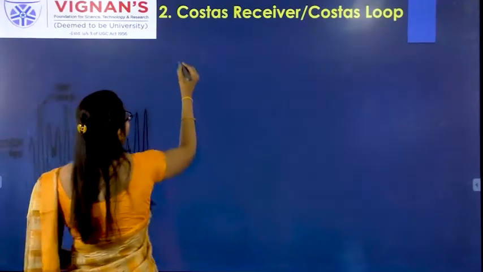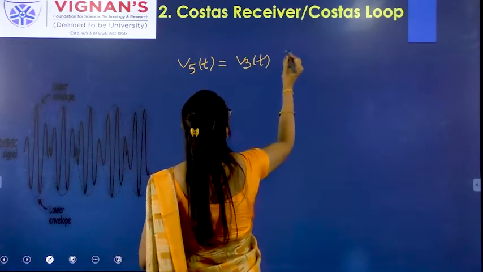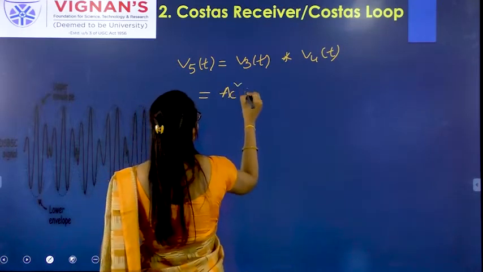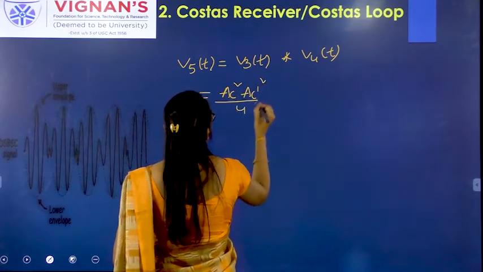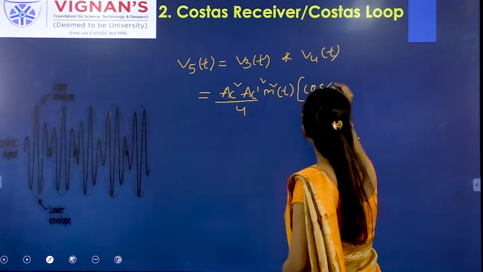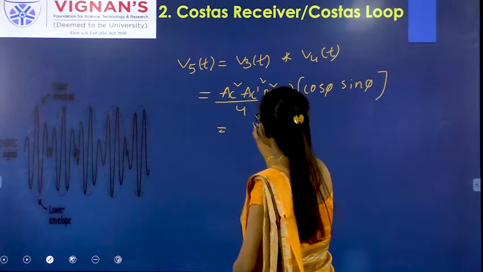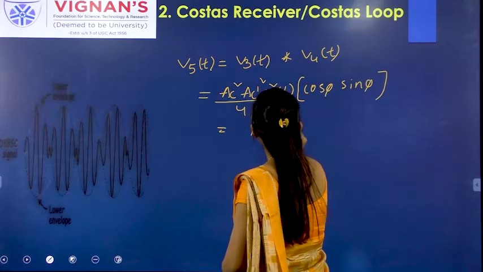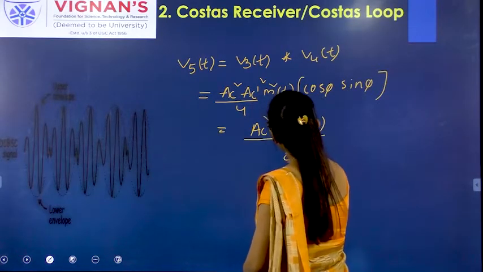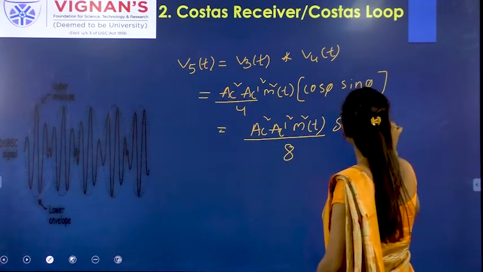So now multiply: V5 of t equal to V3 of t into V4 of t. So that is AC square, AC dash square by 4, m square of t, cos pi sin pi, you will get sin 2 pi, right?